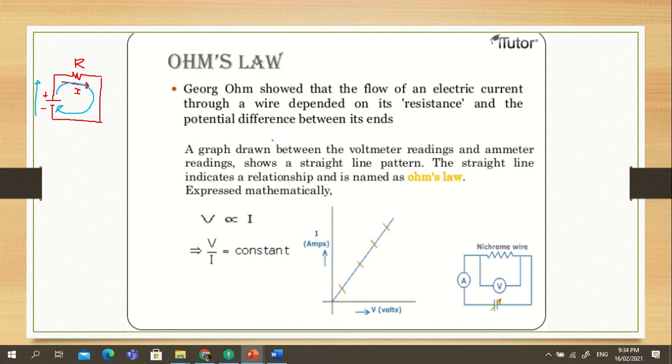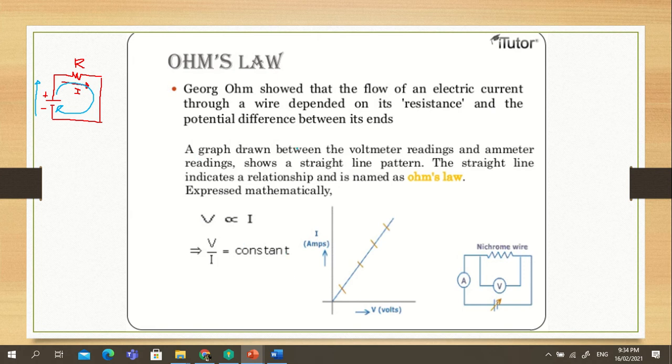As mentioned in the concept of Ohm's law, the voltage is proportional to the current. So it means that V divided by I is constant. When you divide V by I, you will have a certain constant, and that is what we call the resistance.